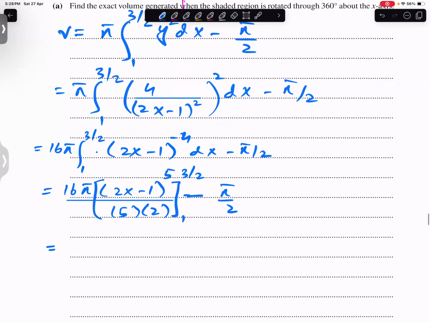So 16 pi over 10, and then sorry student, it's not 5. Yes, it's not 5, it's actually minus 3.